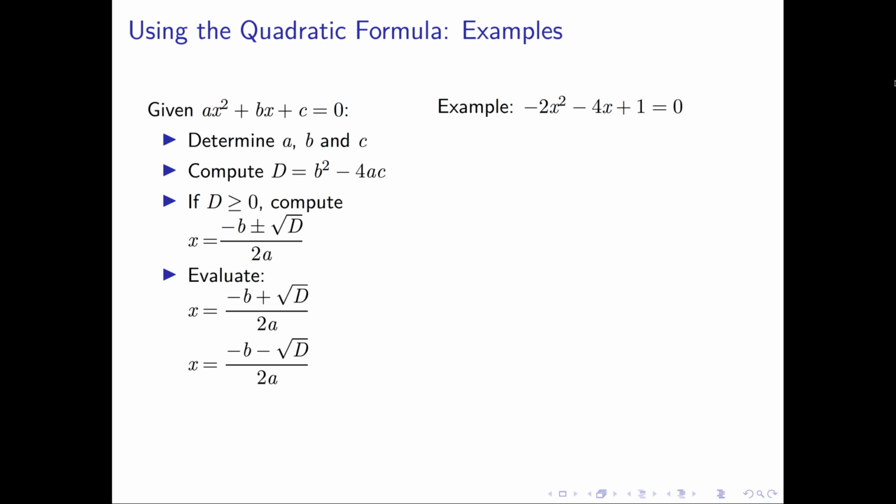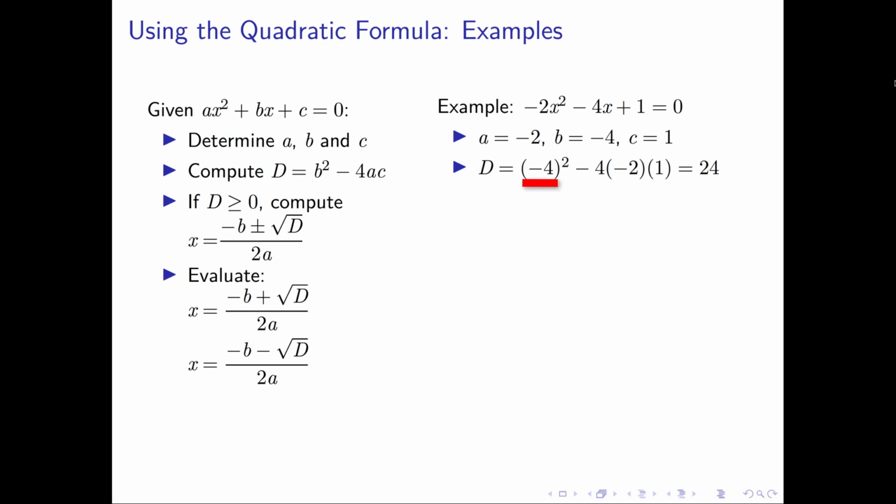Another example for you. Stop the video and restart it when you've worked it out. Okay, so here a is -2, b is -4, c is 1. Here we compute the discriminant, -4 squared minus 4 times -2 times 1, and that equals 24.